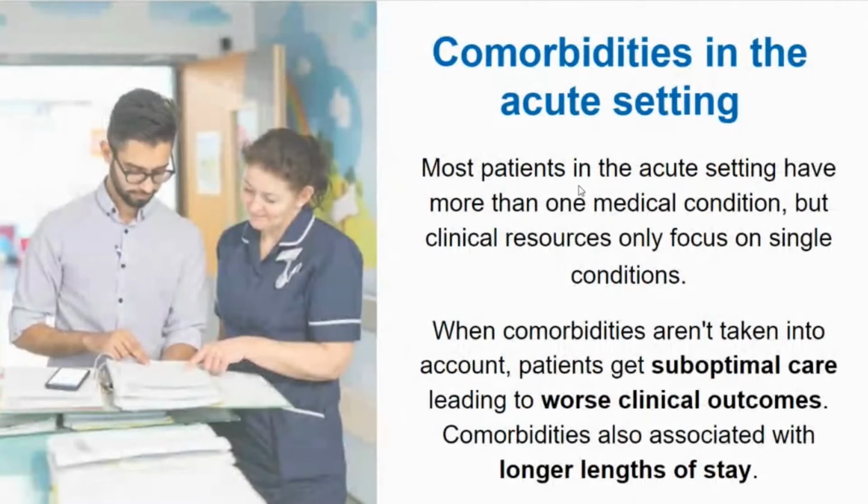And we've looked specifically at comorbidities in the acute setting. Most patients in the acute setting have more than one condition, yet clinical resources only focus on single conditions. And when comorbidities aren't taken into account, patients get suboptimal care, worse clinical outcomes, longer lengths of stay and increased cost as a result.